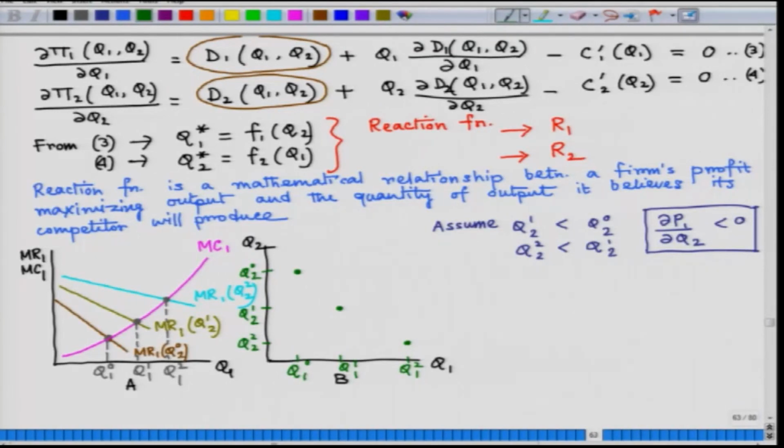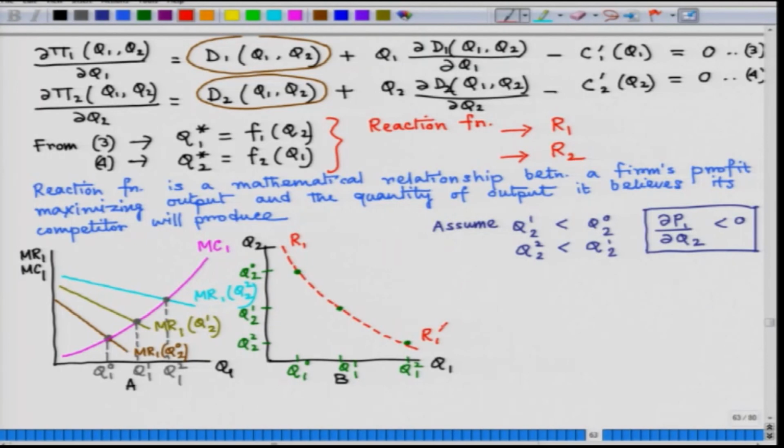Now if I join these points, then what do I get? The locus of all these points will give me my reaction function for firm 1. It can be nonlinear as well. I call this R1 R1 prime.